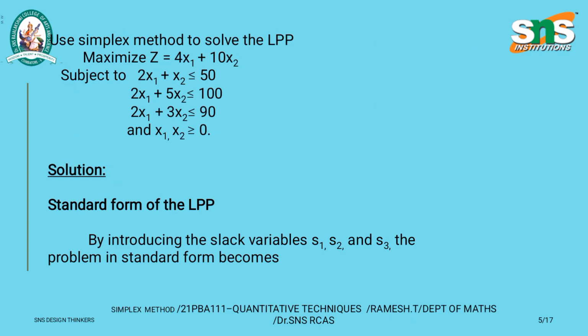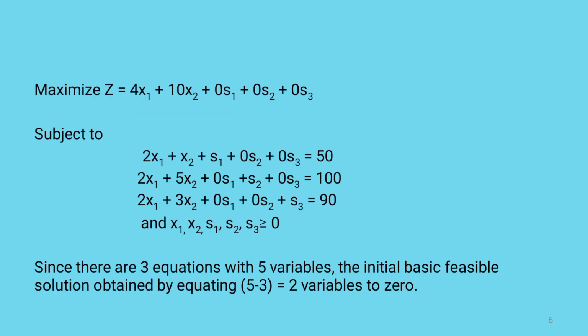Now we solve the given LPP by the Simplex technique. Here there are three inequations, therefore we introduce three slack variables s1, s2 and s3. Before that we write it in standard form. Maximize 4x1 plus 10x2 plus 0s1 plus 0s2 plus 0s3, since the cost of the slack variables is 0, subject to the constraints 2x1 plus x2 plus s1, making the inequality an equality.